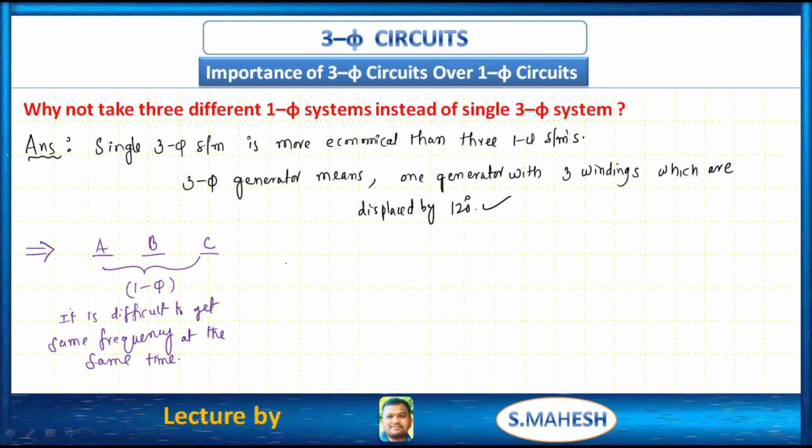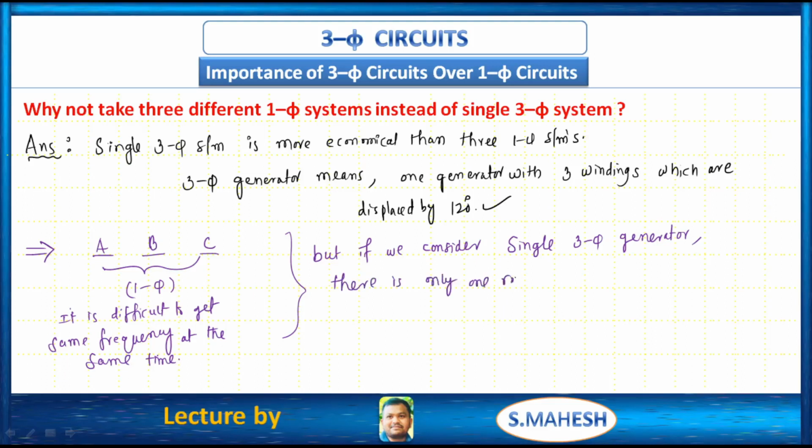But if we consider a single 3-phase generator, because this generator itself consists of 3 windings displaced by 120 degrees, there is only one rotor, hence we get one speed and the same frequency for 3 phases.